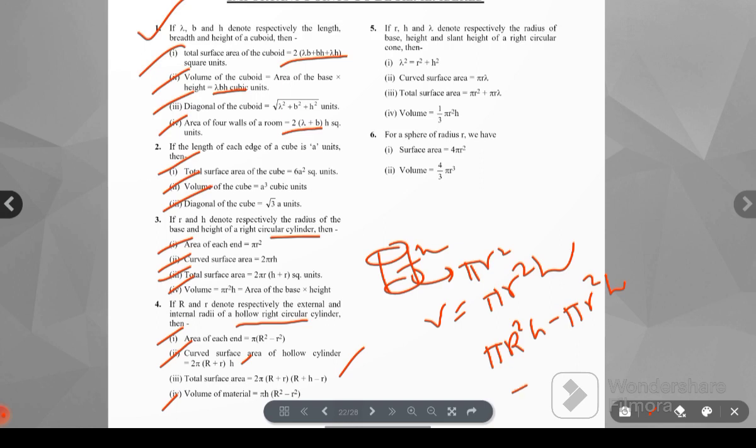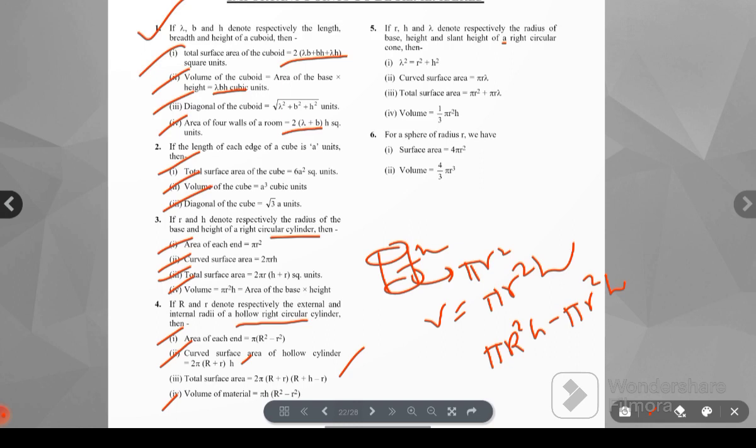So if you take pi h common, you will get pi h times capital R square minus small r square. Okay, you can see this here.